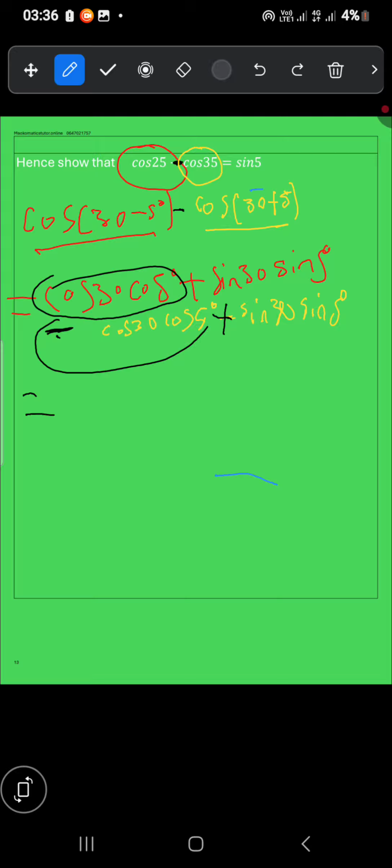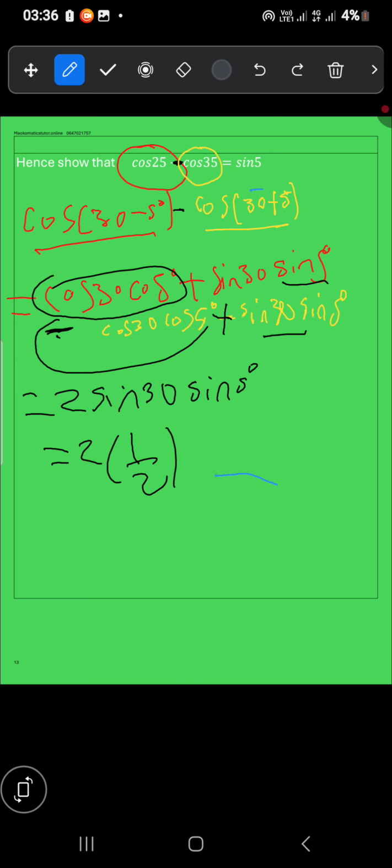So you're going to have this and this adding together to form 2 sine 30 sine 5. And sine 30 can be written as 1/2, sine 5 degrees. The final answer is sine 5 degrees.